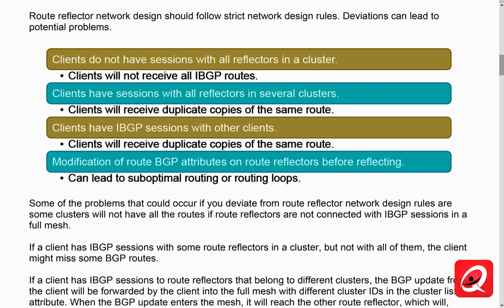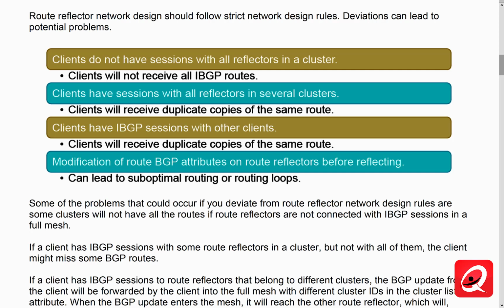Because if it was an iBGP peer, even if it's a route reflector, we still wouldn't forward that information because of the non-client status and the BGP split horizon rule. So it's an eBGP peer. Maybe that eBGP peer is sending information to the route reflector. The route reflector is in turn sending it to the iBGP client, the route reflector client, and that iBGP peer also has a relationship with that eBGP peer directly, so it would also send the same information over to the standard iBGP peer, because we're not breaking the split horizon rule in that particular case.